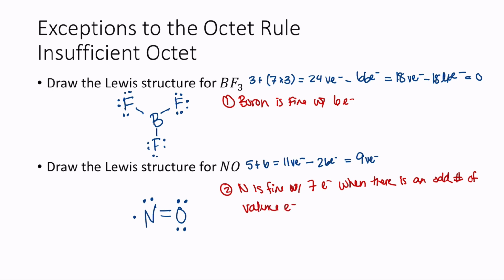So this isn't just for NO. Anytime you have an odd number of valence electrons in a molecule that contains only nitrogen and oxygen, then nitrogen is fine having 7.